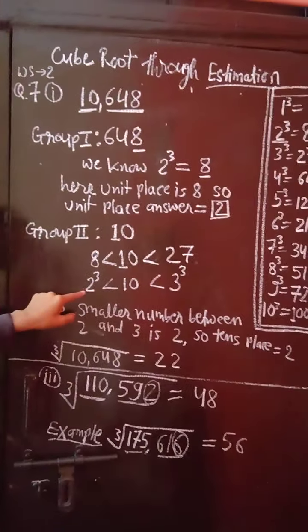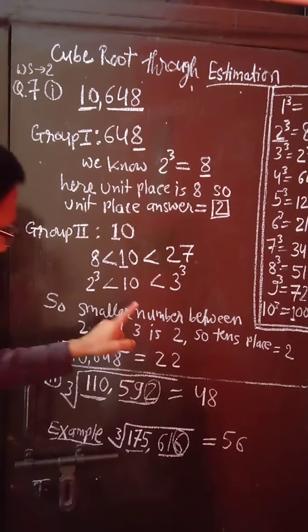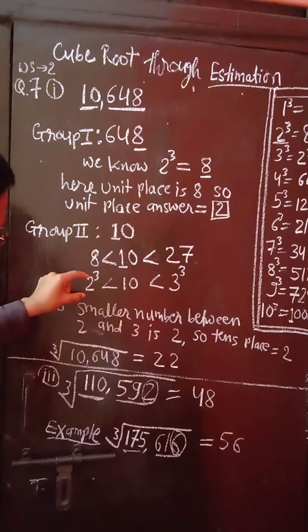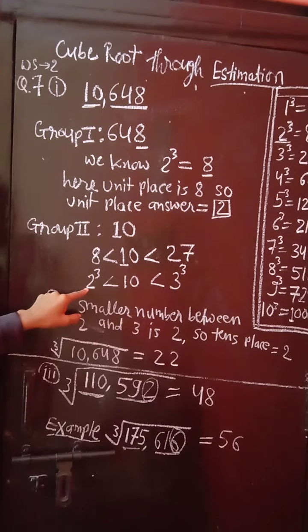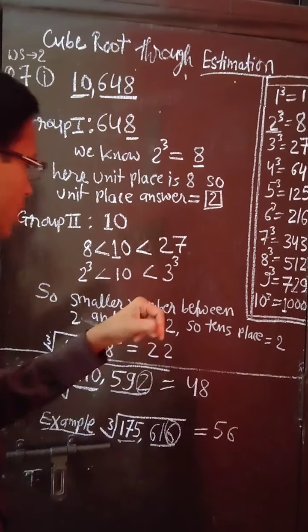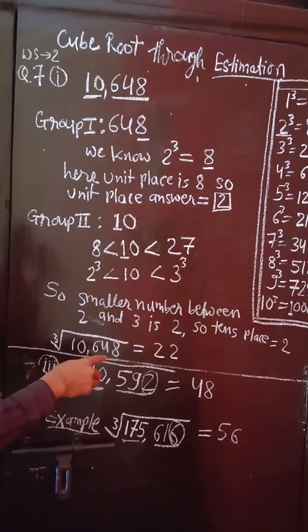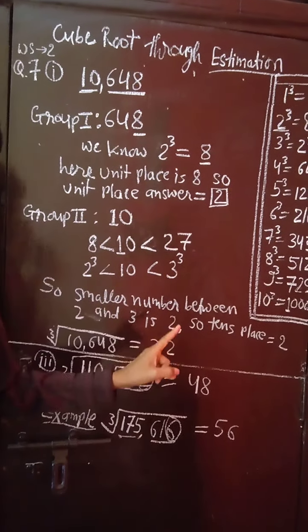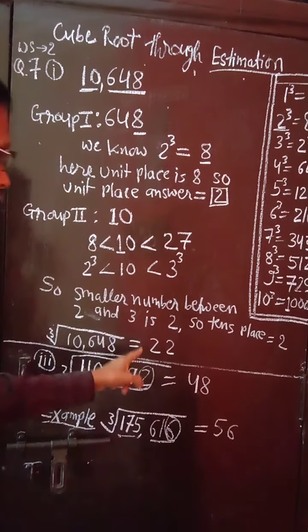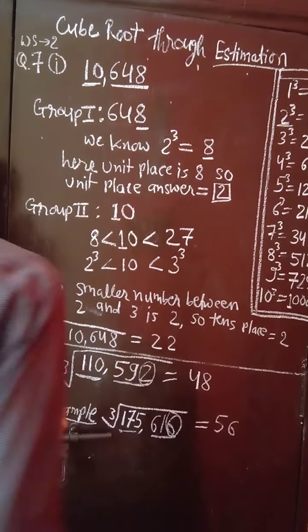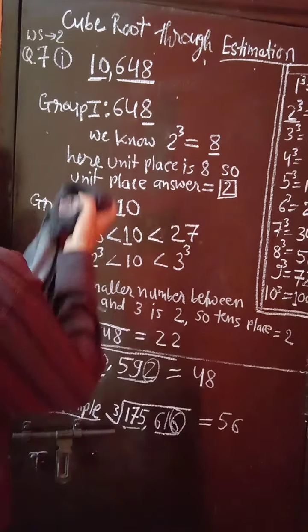The smaller number between 2 and 3 is 2. The smaller we have to take. So this 2 is our tens place. So what is the answer of this question? Unit place is 2 and tens place is also 2. So the answer is 22. Now I am solving this third question in this way.